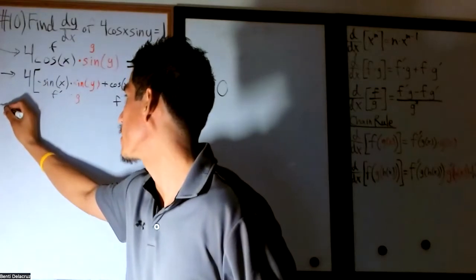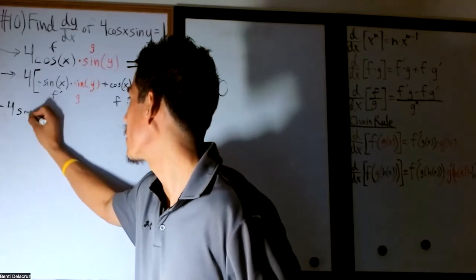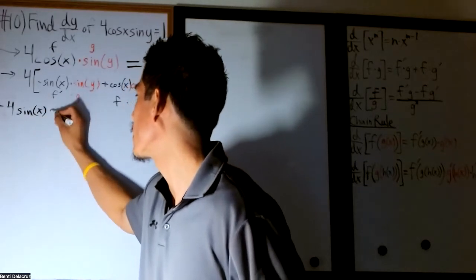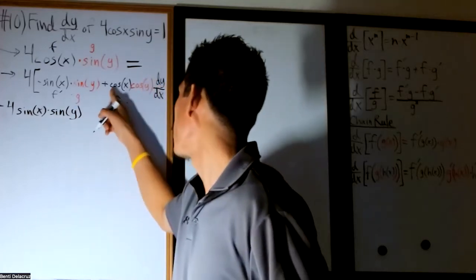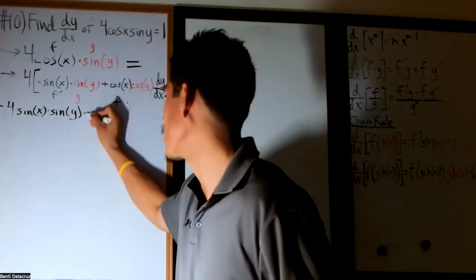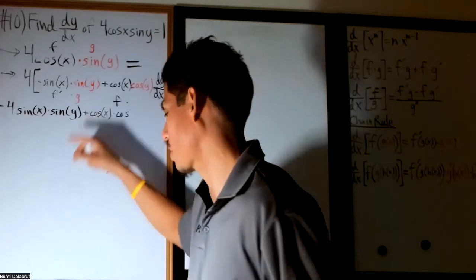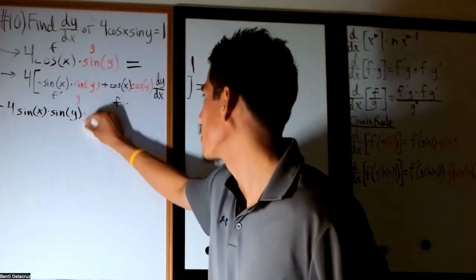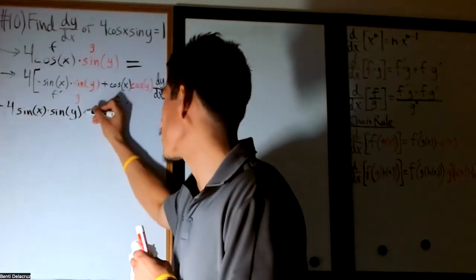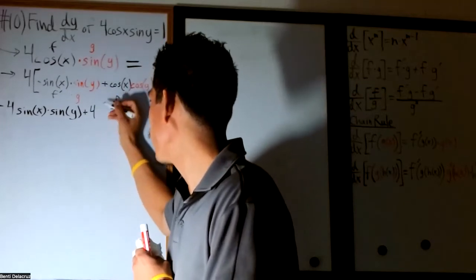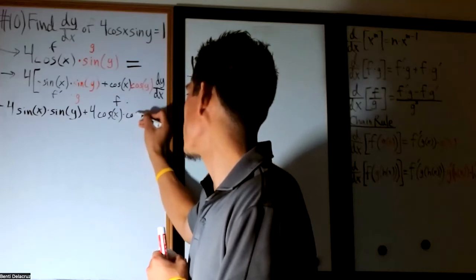So what we're going to have is negative 4 sine of x times sine of y, plus, sorry, I forgot to distribute that 4 again, so plus 4 times the cosine of x times the cosine of y.